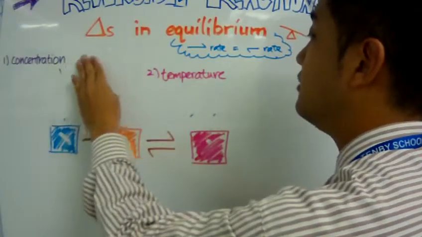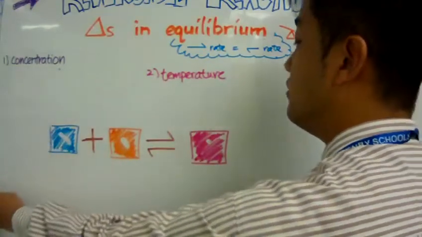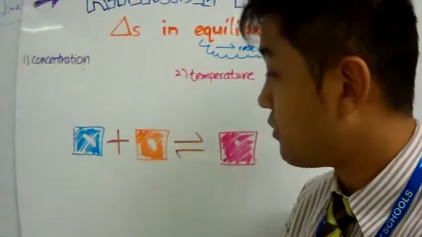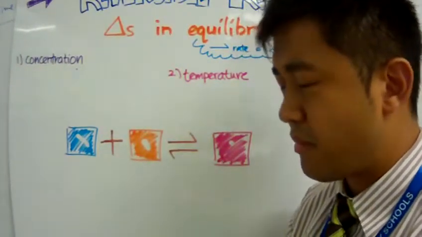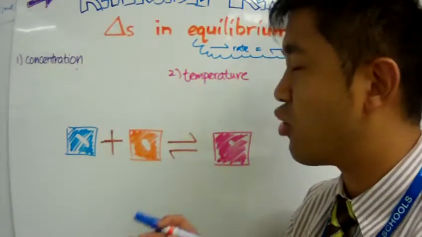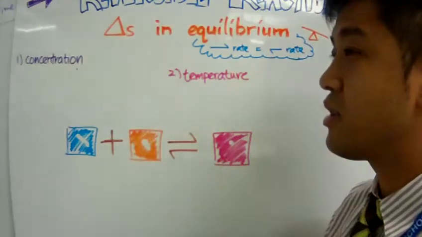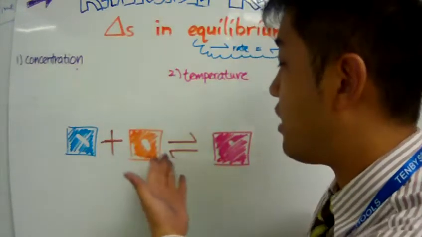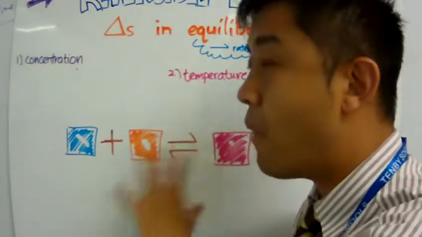Now, when one of the reactants or products is a gas, whichever it is, changing the pressure will affect the equilibrium in a slightly different manner. And you have to take into account which side of the reaction, the left side or the right side, has more molecules.